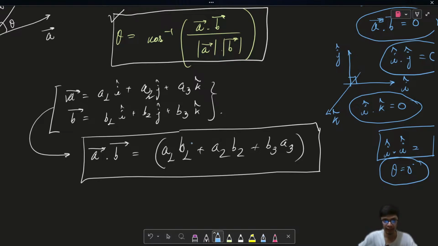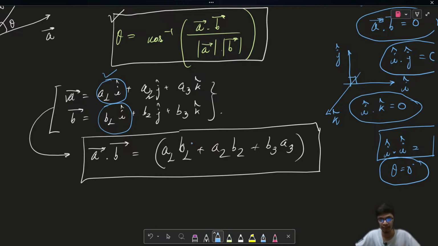So over here, if I do the a vector dot b vector dot product, when I do the multiplication, let us do it component wise, one by one. If I take this particular term and multiply it with this particular term, I'm going to end up getting a1 into b1, these are the constants, and i cap dot i cap is going to be 1.